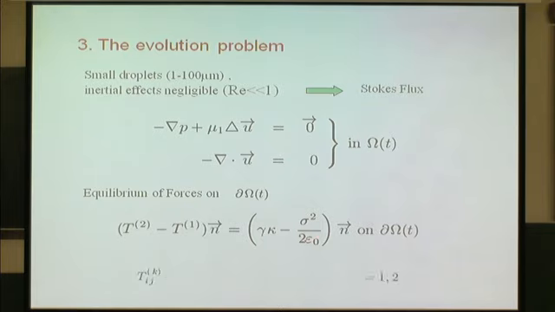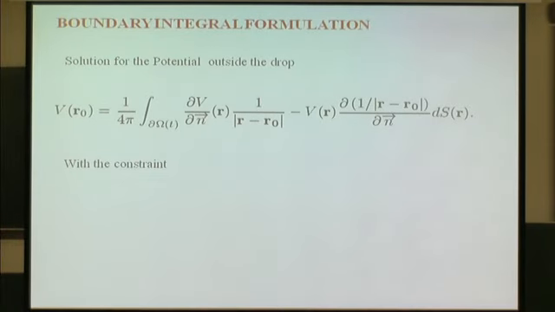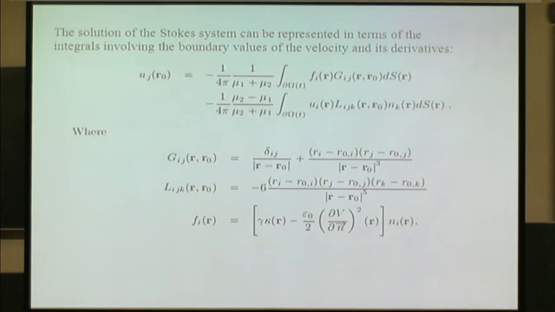Let me not go into much detail, just tell you that we use a boundary integral formulation. Both the electrostatic problem and the Stokes problem are linear, so you can use boundary integral formulation, with the Stokes kernels for Stokes.